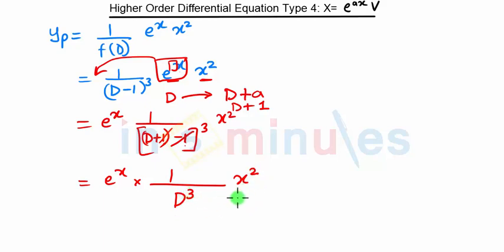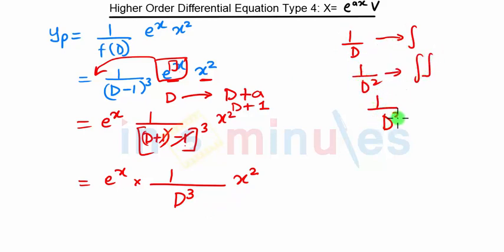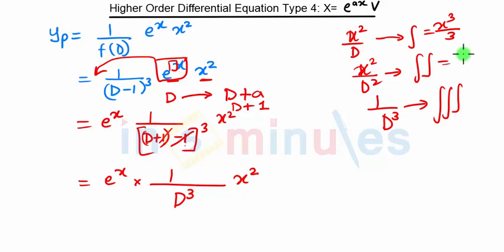What is 1 upon D cube x square? 1 upon D represents an integration, 1 upon D square represents a double integration, and 1 upon D cube represents a triple integration. So first we take a single integration of x square, which is x cube upon 3. Then we take the second integration, which will be x raised to 4, and this 3 will remain as it is, upon 4.